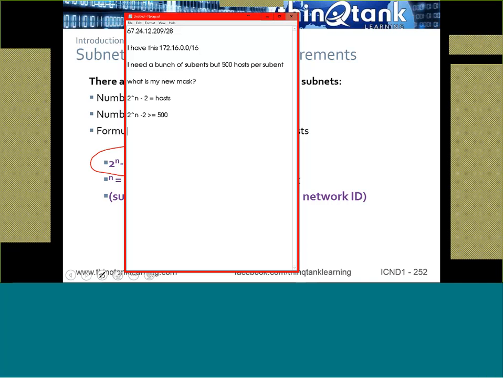All right. So in this case, how would we rewrite it again? It's 2 to the power of 9 minus 2 equals 510. Yes? All right.